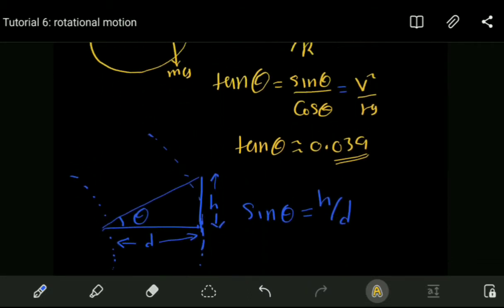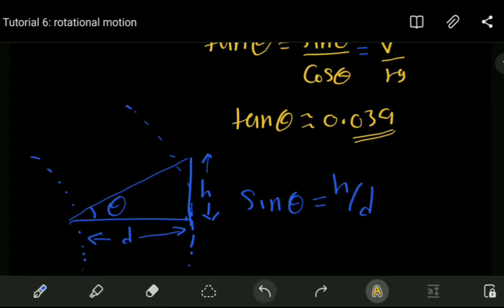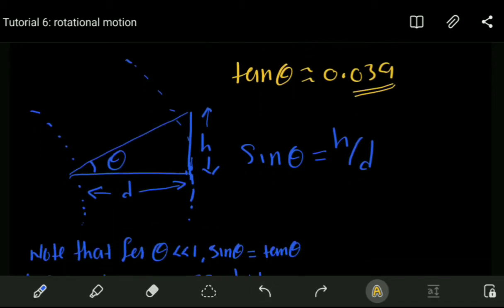Okay, so now we want to find the height to which the other rail should be raised so that there will be no thrust.